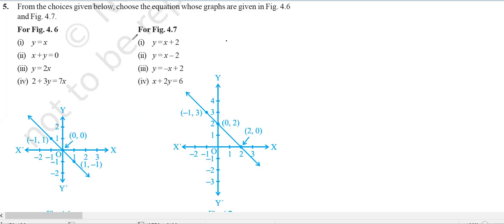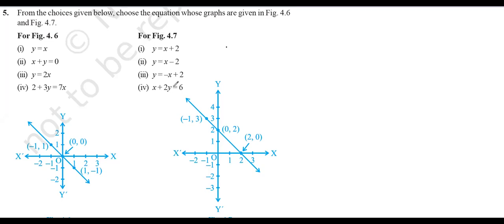Okay, so question number 5 says: from the choices given below, choose the equation whose graphs are given in figure 4.6 and figure 4.7.